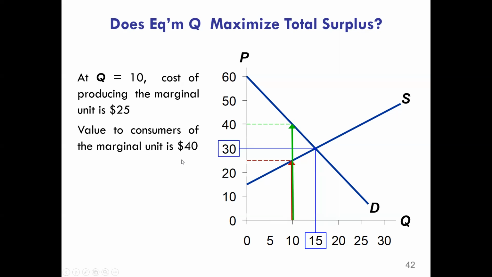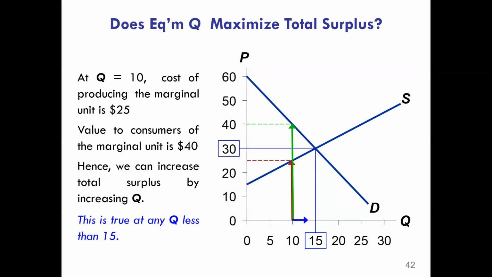The value to consumers of the marginal unit is $40, as you can see here. Hence, we can increase total surplus by increasing quantity. And this conclusion is true at any quantity less than 15.